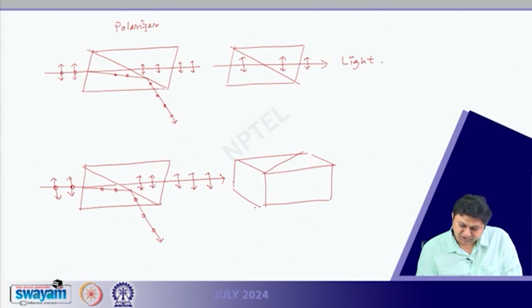Make a 90-degree rotation, in fact. So this is a rotated nickel prism. So for this case, this light will not pass through because it will now behave as ordinary light for this. So no light.